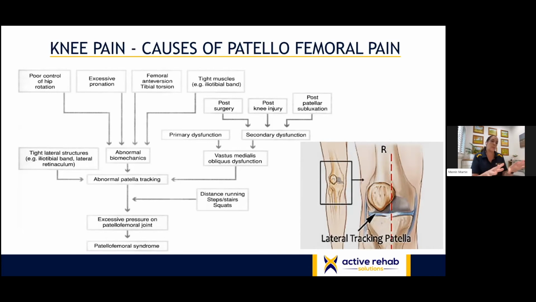So let's think about those. Those top four are the things that you as fitness professionals can actually address in your sessions, whether it be a personal training session or a group exercise class. You can always include hip strengthening. You can always include balance and awareness of the ankle position in class.